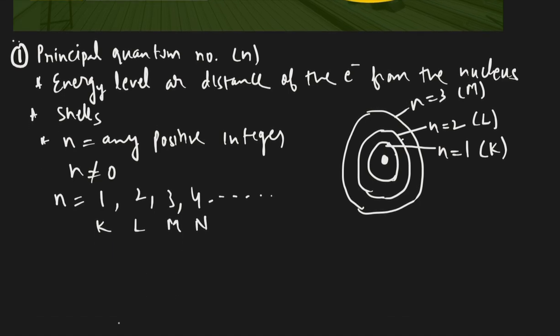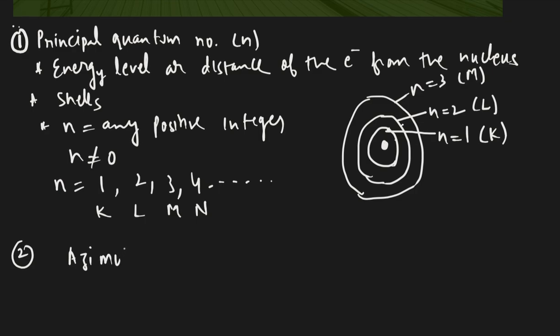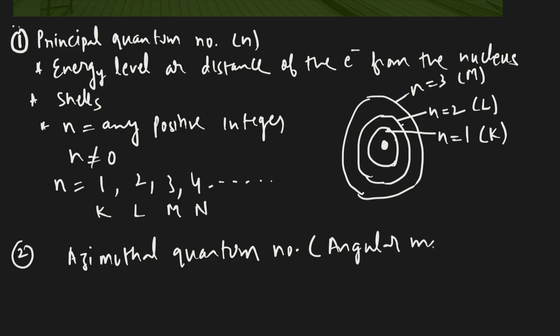Alright. Next is azimuthal quantum number, which is also called the angular momentum quantum number. Okay, and this is represented as small l.